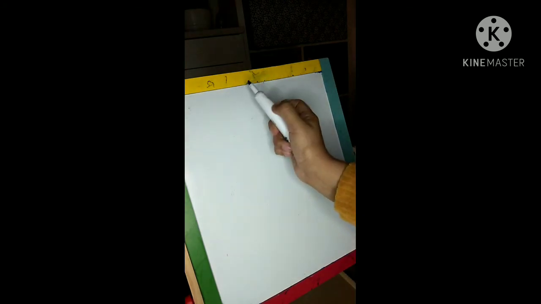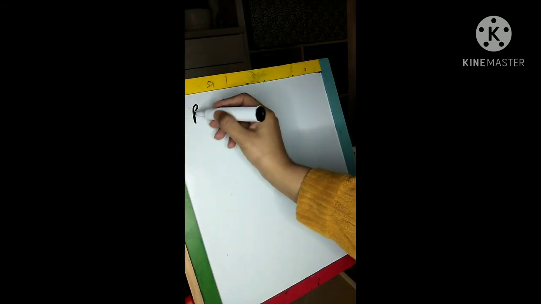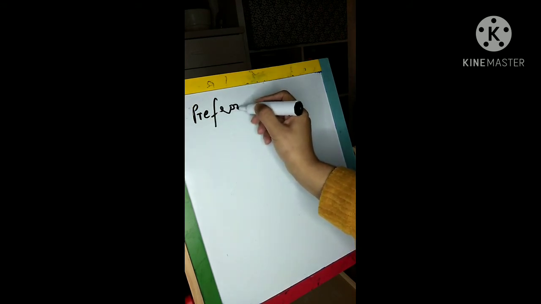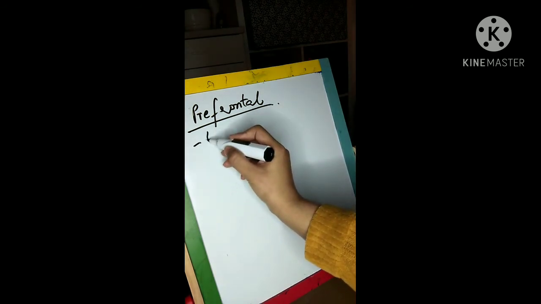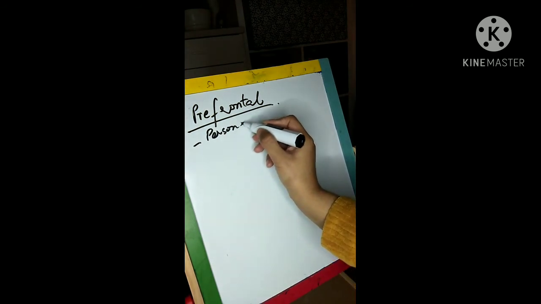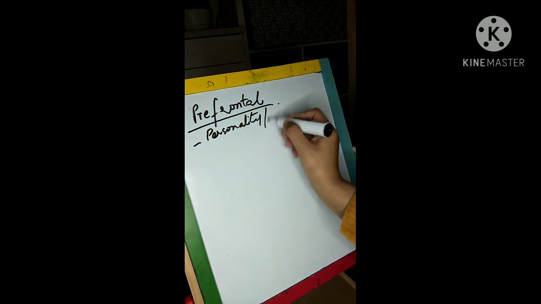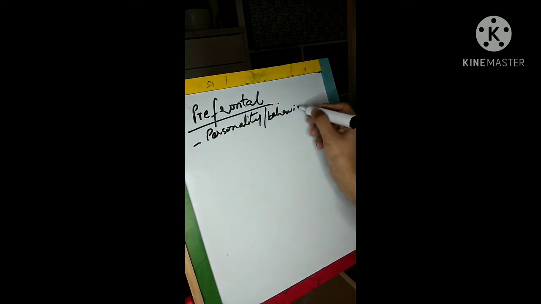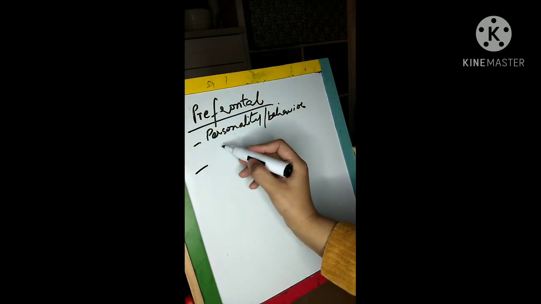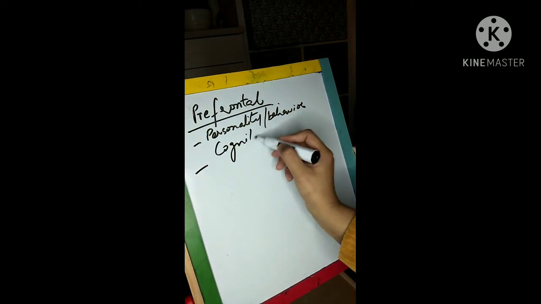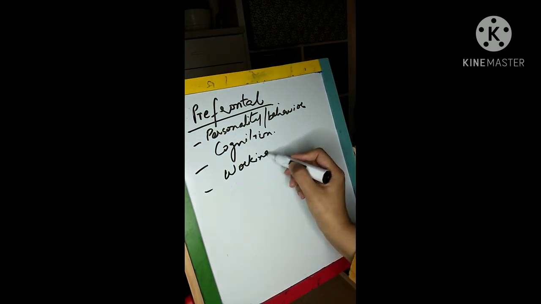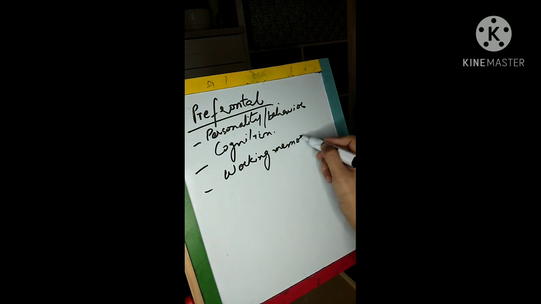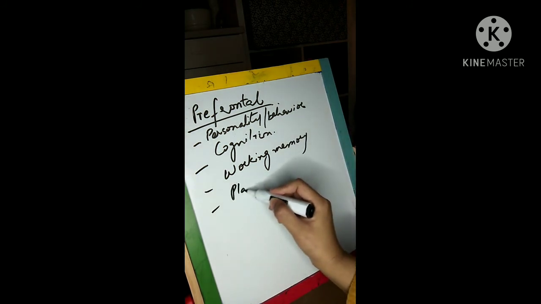So next I will discuss the prefrontal area. Prefrontal area has diverse functions, starting from personality and behavior to memory, basically the working memory, then cognition, decision making, motor function planning.